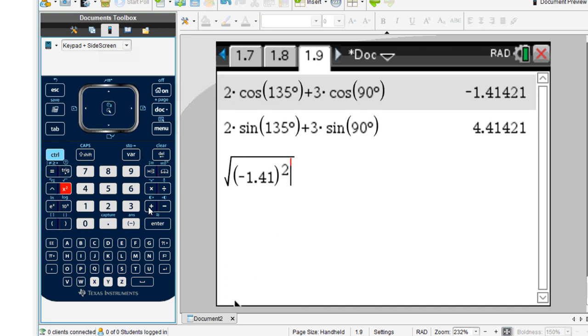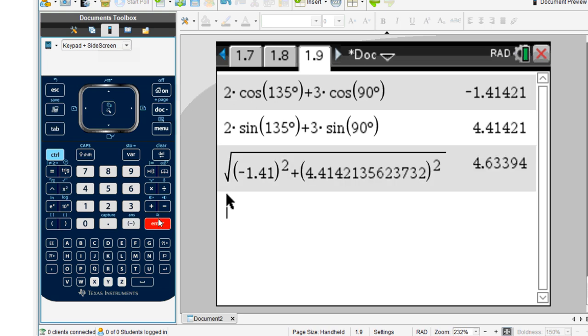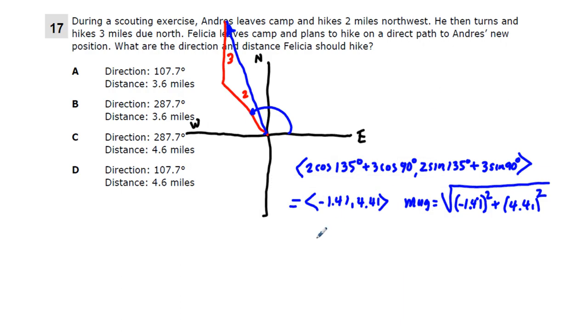Squared plus, and I'm just going to use this right here, it's positive, so I'm going to go to Control A and S because it'll give me that, and square this, so we get 4.63. So that's the right distance. So 4.63. So we already know that A and B are incorrect.